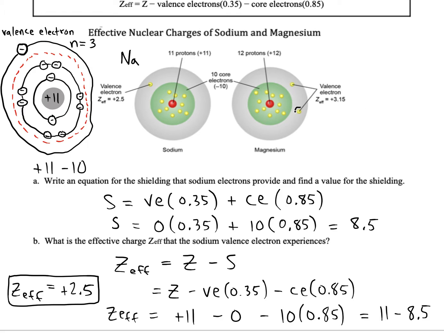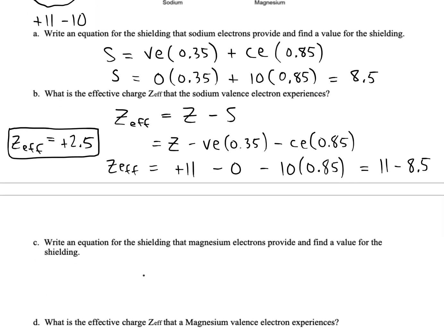Now when we try to find out what effect the rest of the atom has on one valence electron, we do want to consider the other valence electron as contributing some effect. So let's say that the shielding will be the valence electrons times 0.35, and then we'll add the core electrons times 0.85.